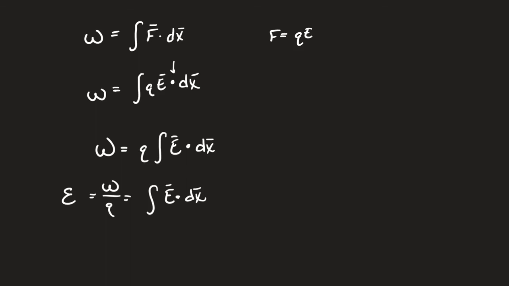Now, if you'll remember, there's a lot to the negatives and positive signs here. We talked about moving a charge against the electric field. We were gaining electric potential. If we moved the charge with the electric field, we were losing electric potential. And we had to recognize that the work was opposite the potential energy.